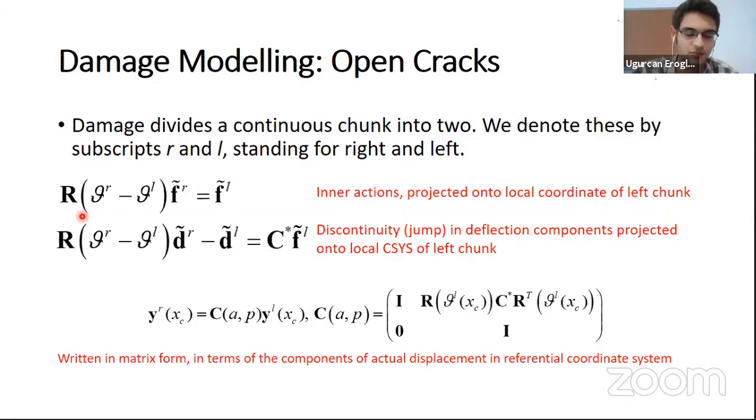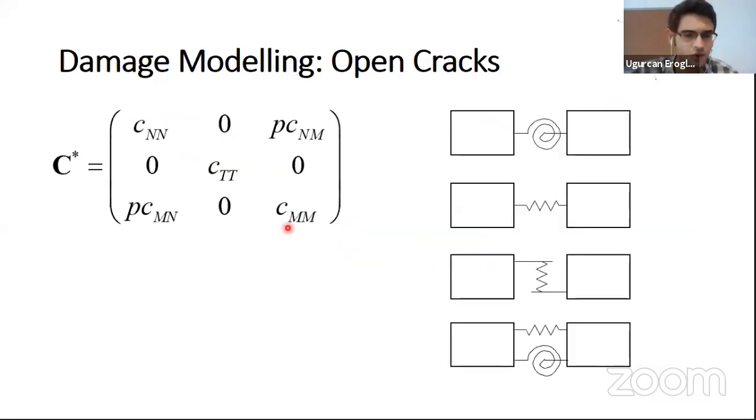And this relative motion is quantified by the compliance matrix and interactions at the cross section. This compliance matrix is derived by means of the energy release rate, a concept of linear elastic fracture mechanics, and Castigliano's first theorem. Each term in this compliance matrix refers to certain mode of relative motion.